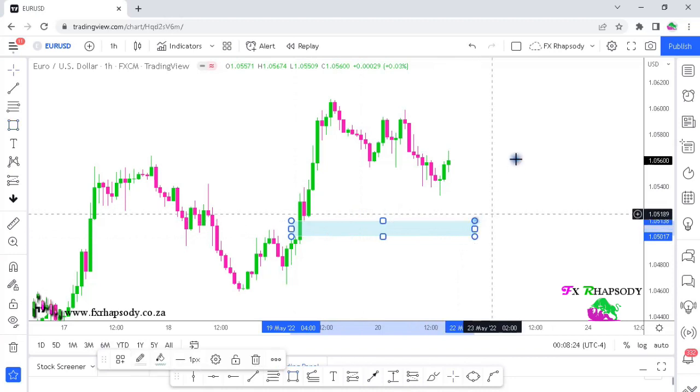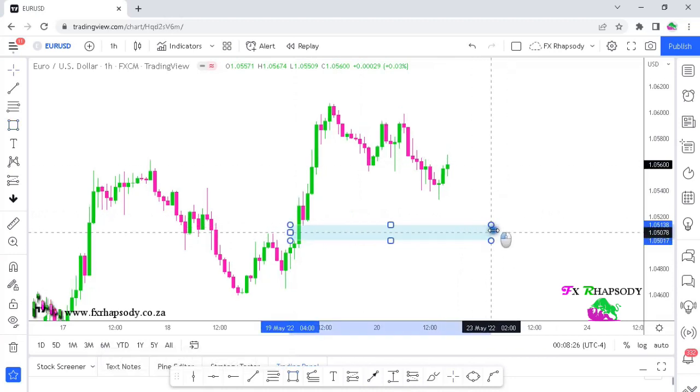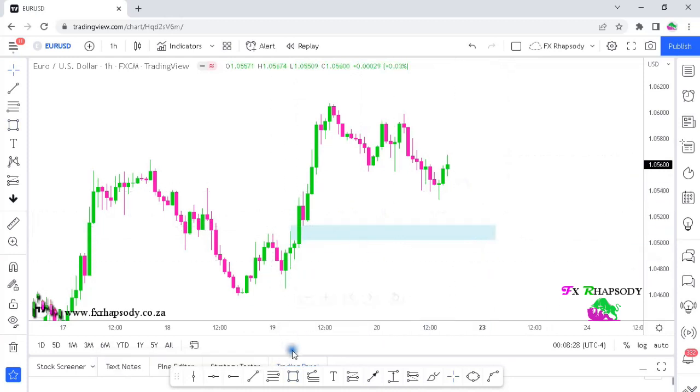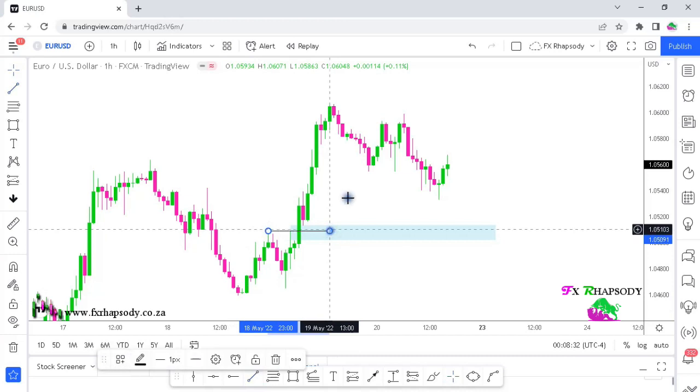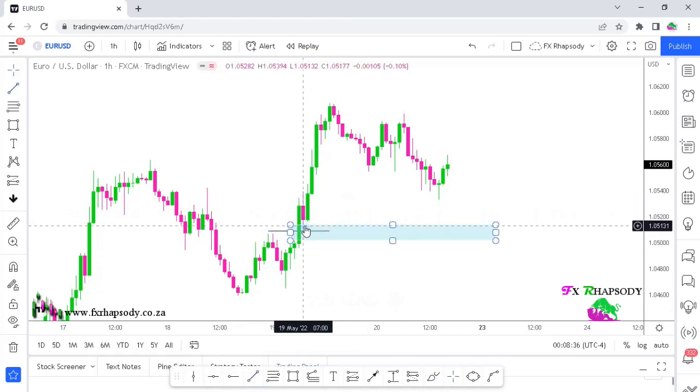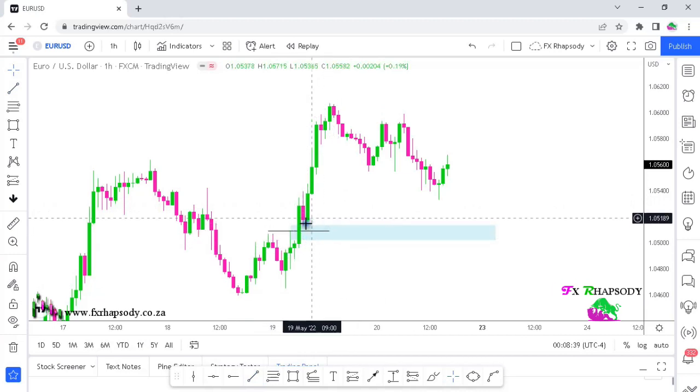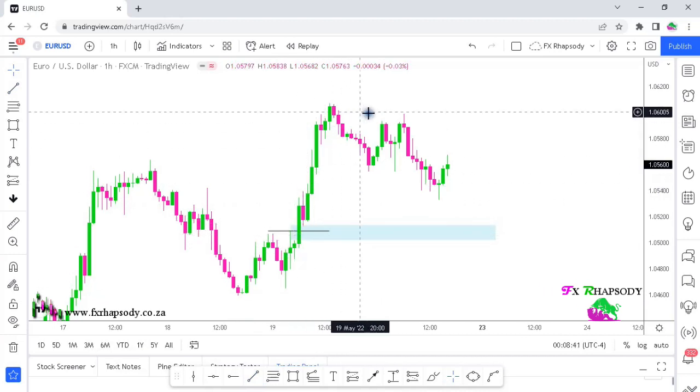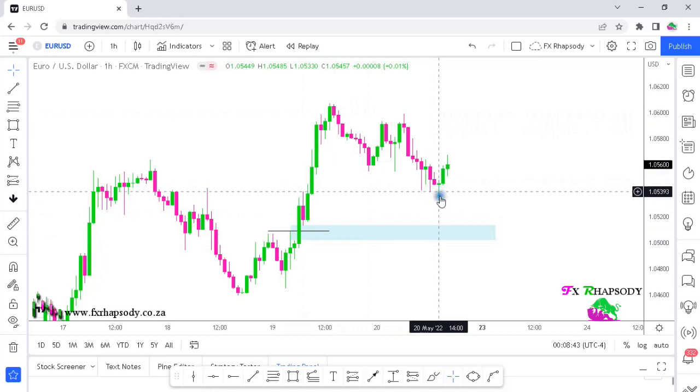By this big candle, price going down, creating that fair value gap at the bottom, and then price pushing up again, and then retracing a little bit back.